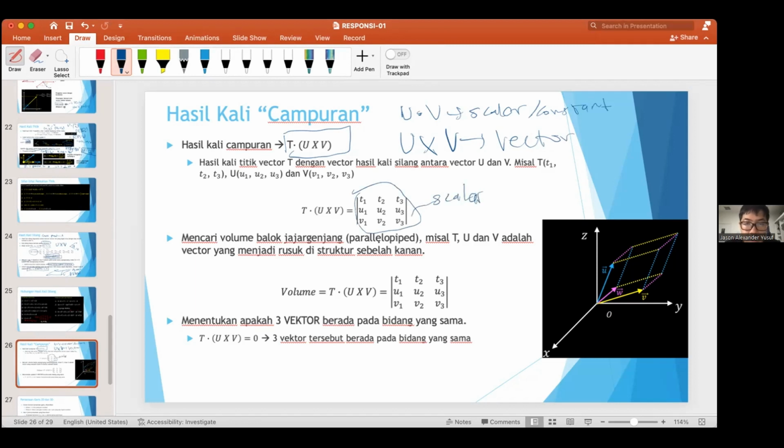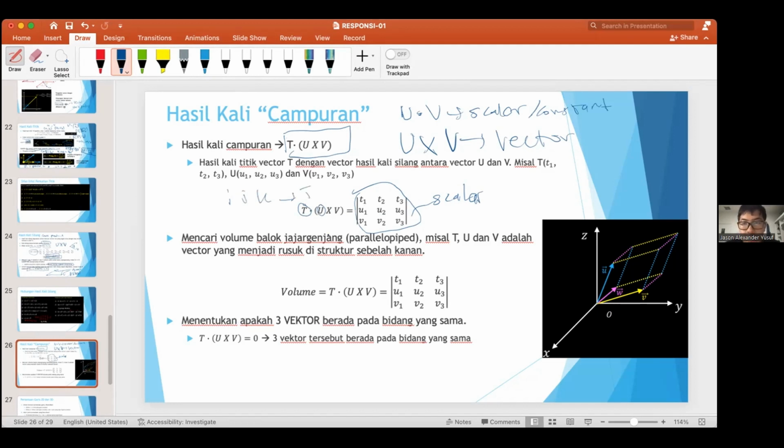And as usual, the ordering matters. t is the first component, so it goes in the first row. The following component is u, it goes in the second row, and v goes into the third row. So basically, we're replacing i, j, k with t.